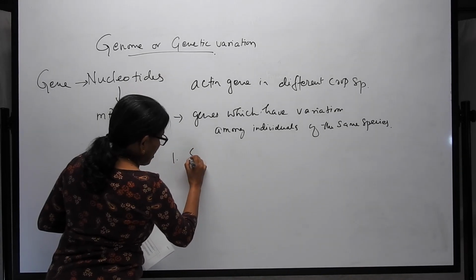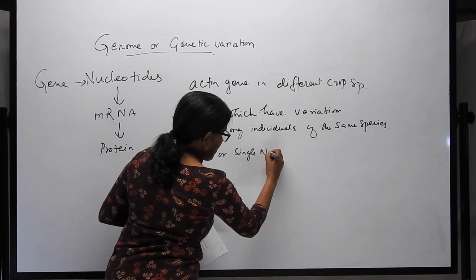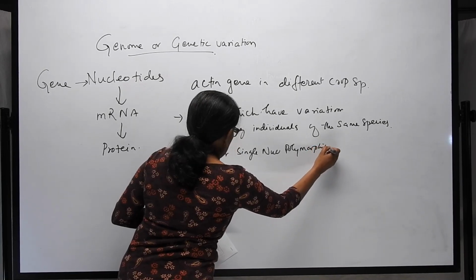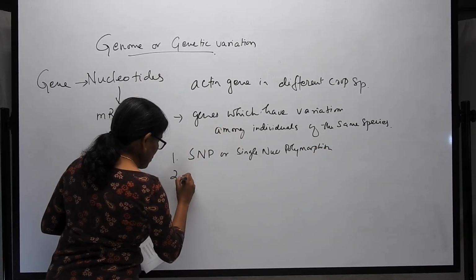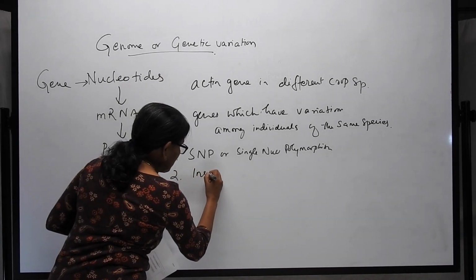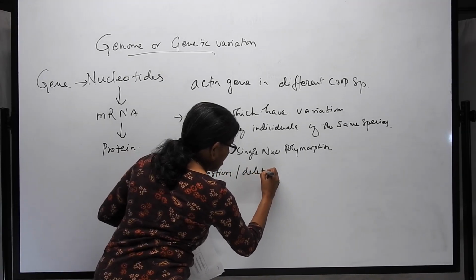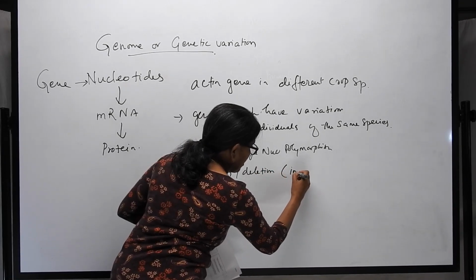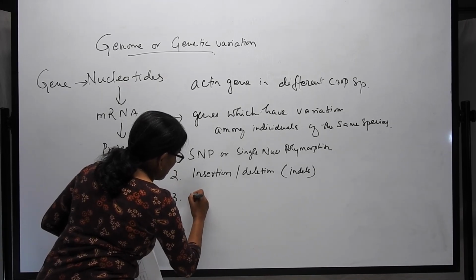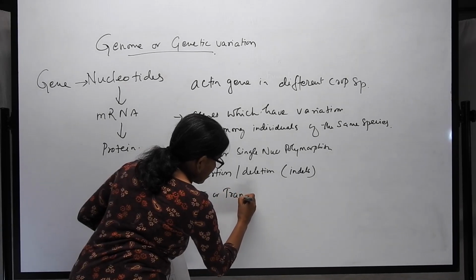One is SNP, or single nucleotide polymorphism, two is insertion and deletion, which we can call indels, and third is transposable elements or transposons.